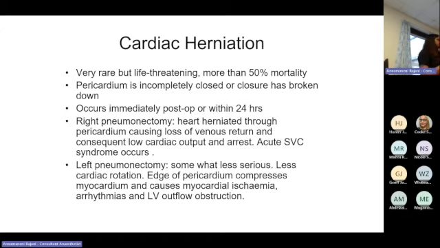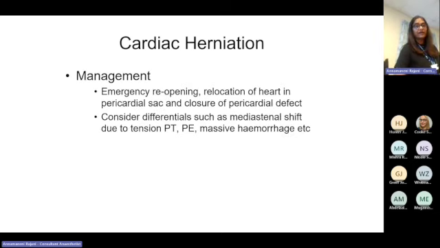So there's a patch that comes out on the pericardium, and the pericardial sac is closed. Okay, so it goes without saying that it is emergency reopening, relocation, and closure of the pericardial defect.